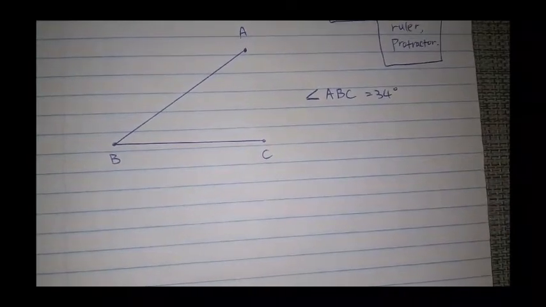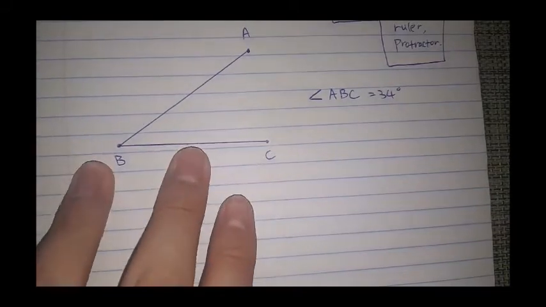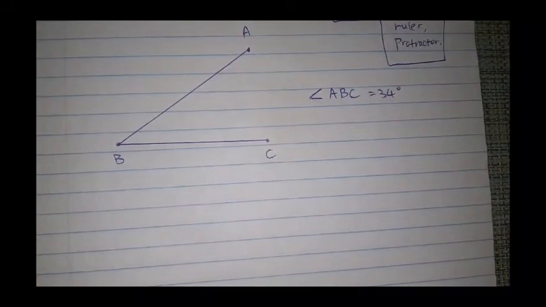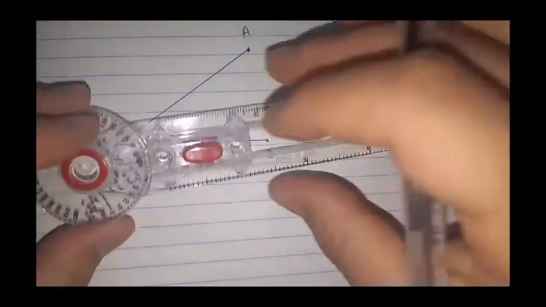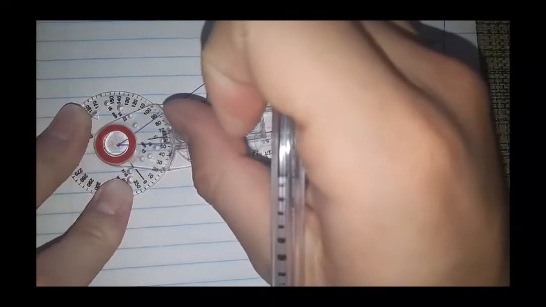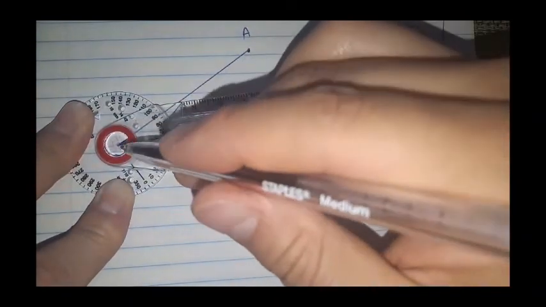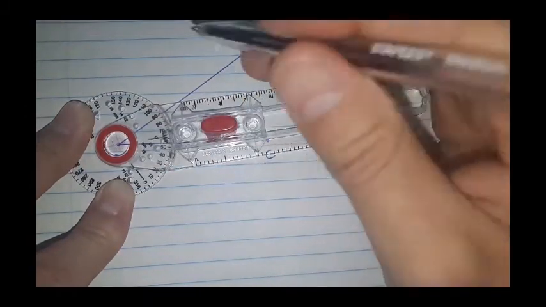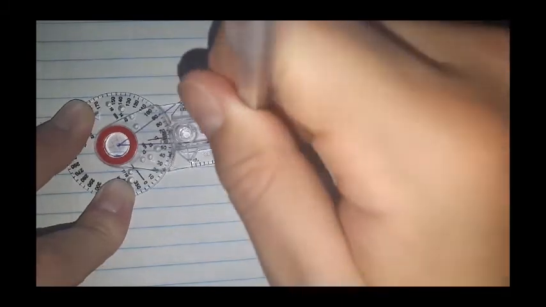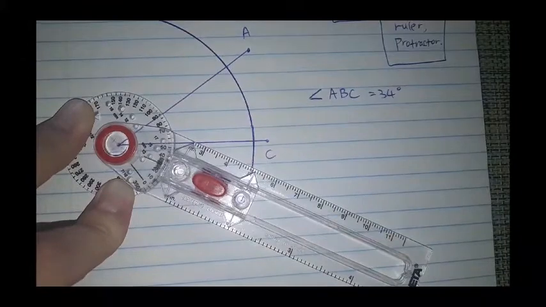So how can I replicate this angle without using a protractor? The very first step involves estimation. You draw an arc that passes through lines AB and BC, making a big enough circle.